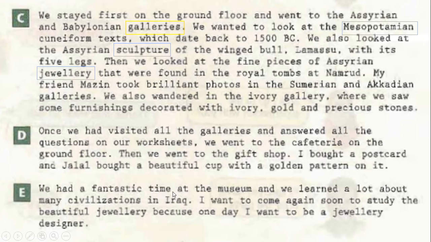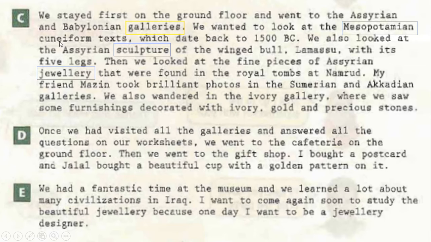We had a fantastic time at the museum and we learned a lot about many civilizations in Iraq. I want to come again soon to study the beautiful jewelry because one day I want to be a jewelry designer.